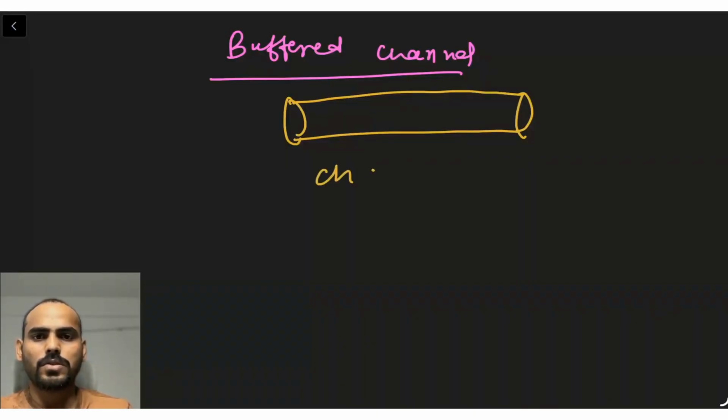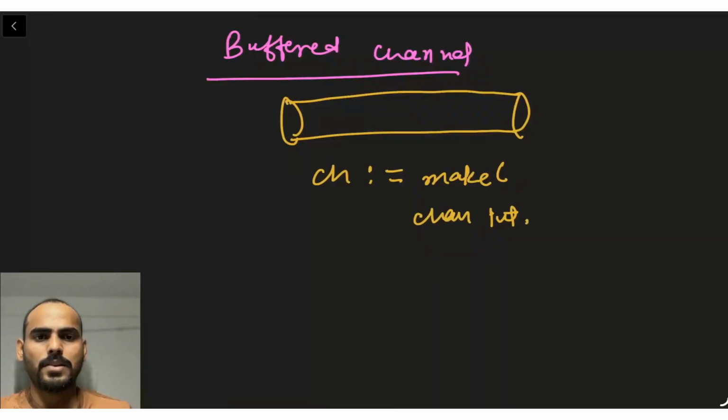We still use this make function, but along with the first parameter which we were using for unbuffered channel, it has one more parameter which is basically the size of the buffer. So let us say we keep the size of the buffer as 2. So it basically means this channel will now have a queue of size 2.